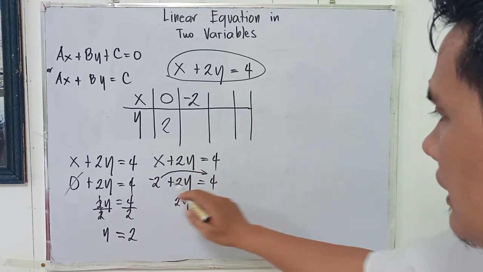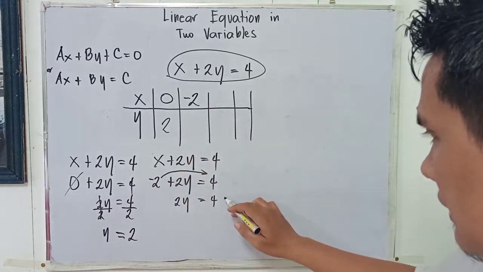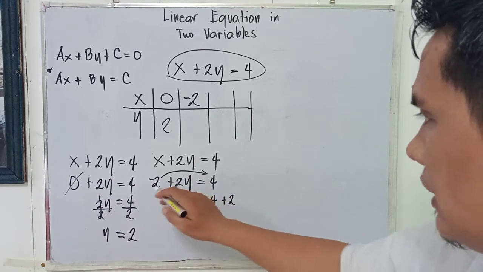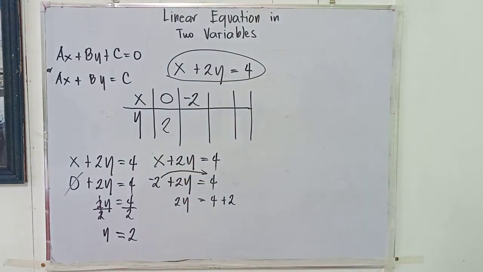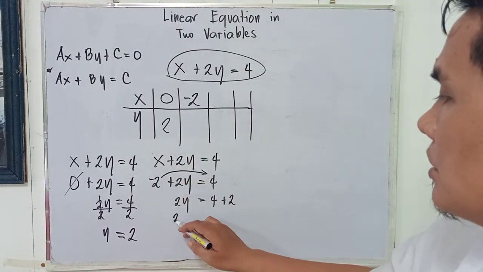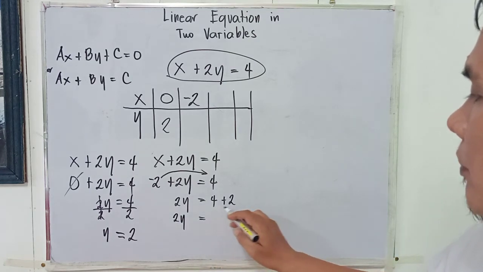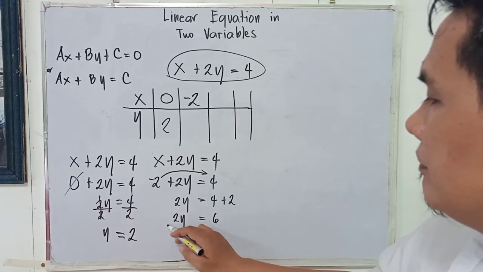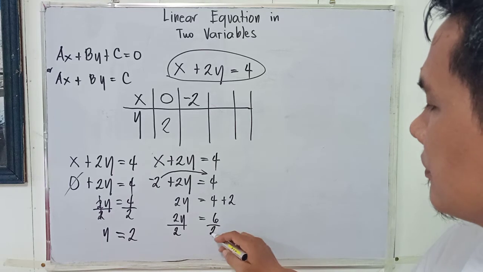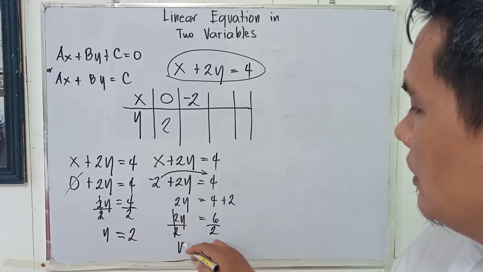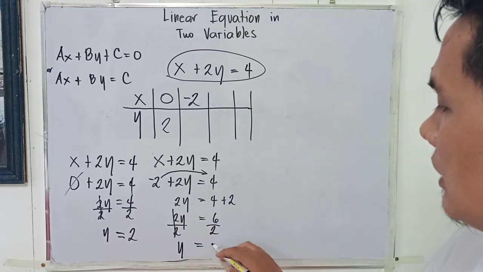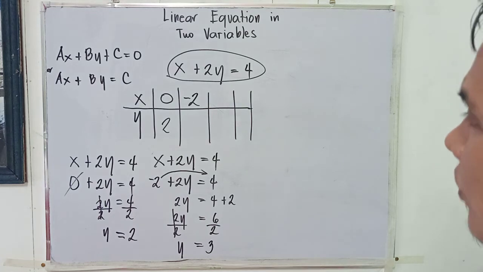Transposing negative 2 will become positive 2 on the other side. Then 2y is equal to 4 plus 2, which is 6. Divide this by 2, this will be cancelled out. y is equal to 6 divided by 2, which is 3. So therefore, if x is negative 2, our y is 3.